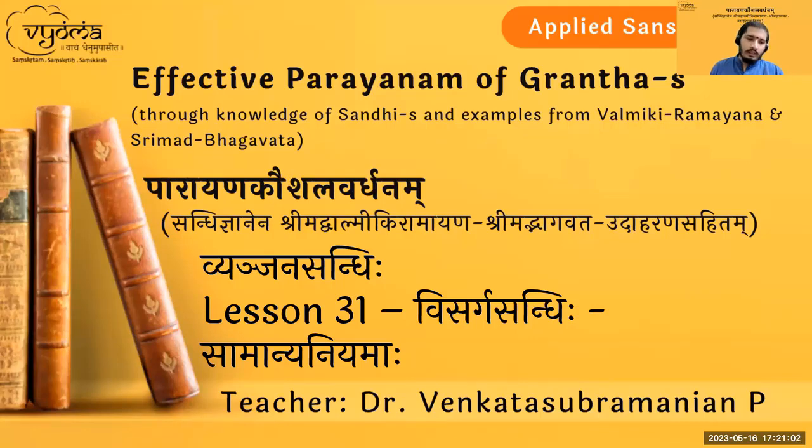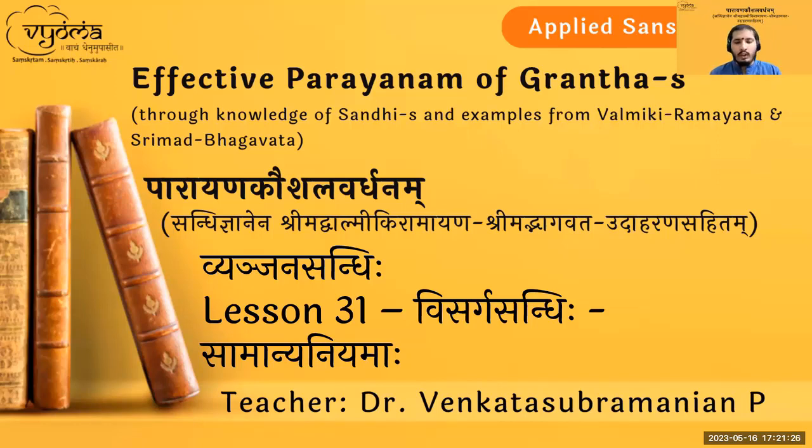And just in the last class, we studied the summary of the Vyanjana Sandhis also. In Vyanjana Sandhis, there are around 11 or 12 types, and we studied each type with examples from Ramayana and Bhagavata. In the last few classes, we did exercises of the consolidated Vyanjana Sandhis.